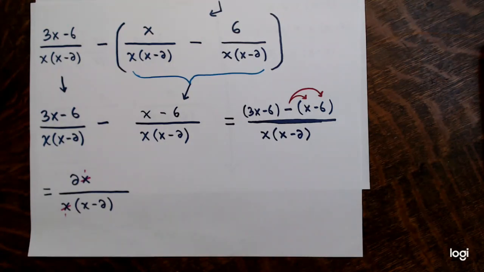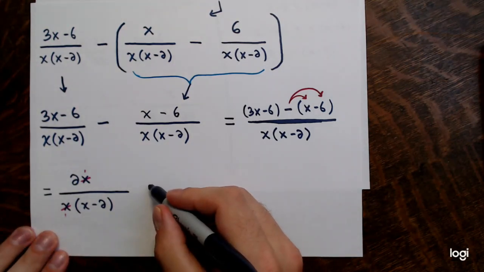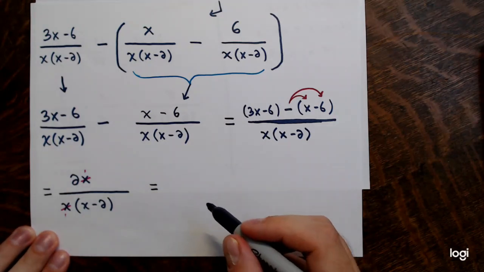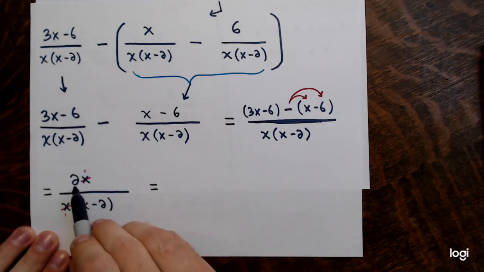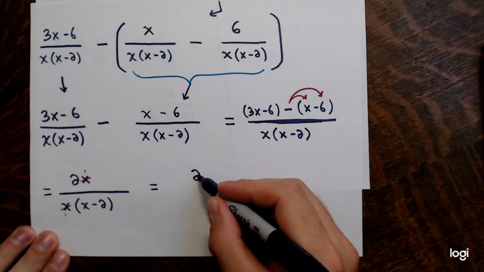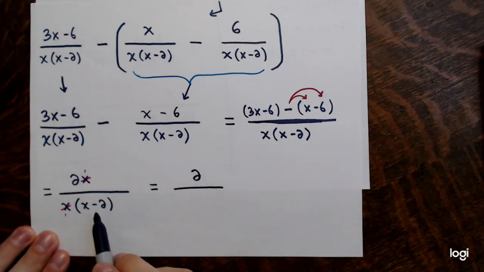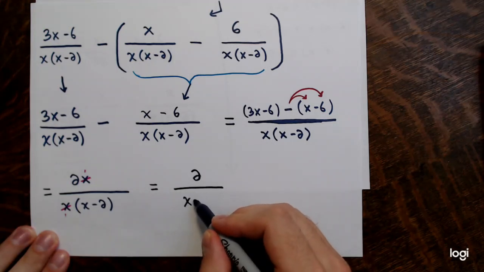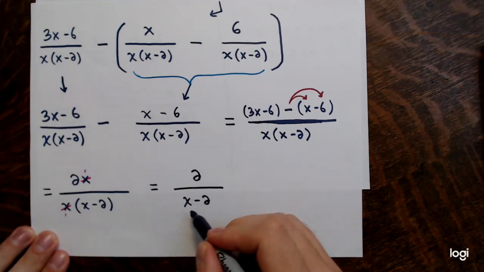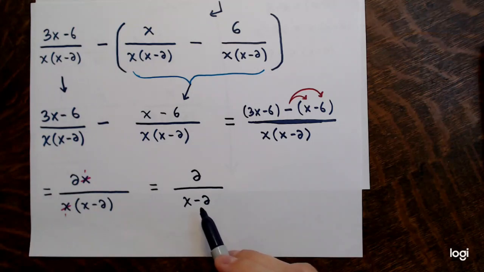So I divide out the factors of x from the numerator and denominator, and the only factor left in the numerator is 2 divided by, and the only factor left in the denominator is x minus 2. You can put parentheses around it, but since it's the only factor left and I'm done dividing out, you don't need the parentheses around it. Great.